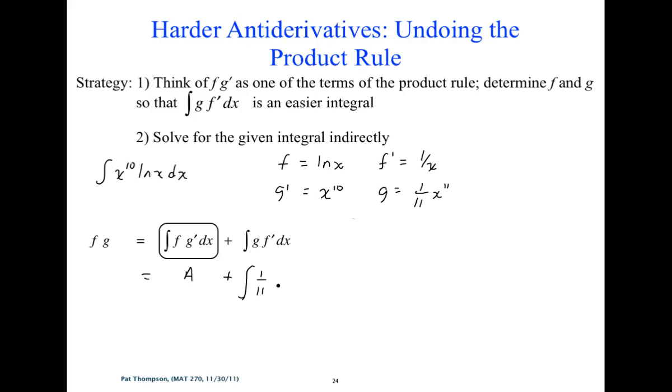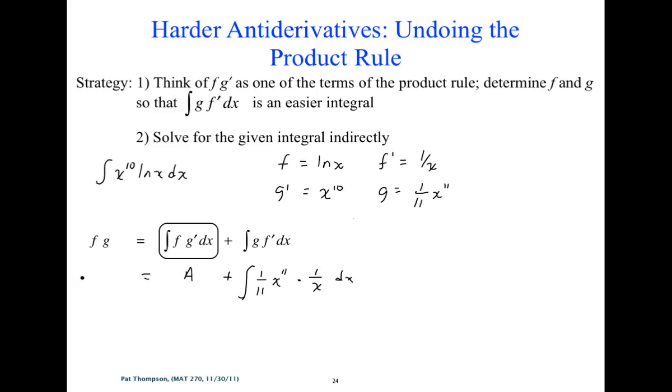1/11th. So let's just write it all out explicitly. 1/11th x to the 11 times 1 over x. All right, so we're just filling in the blanks here. What is g? It's this. What's f prime? That's this.